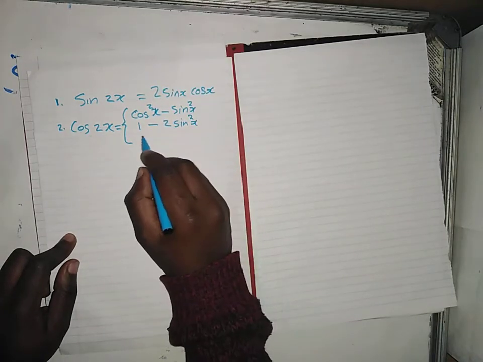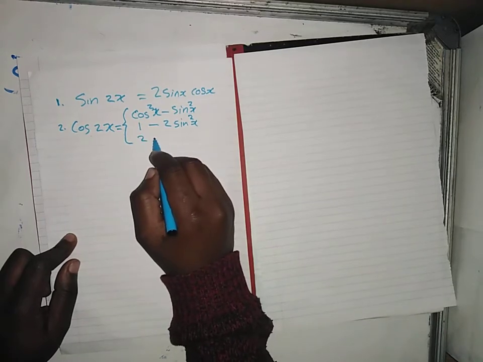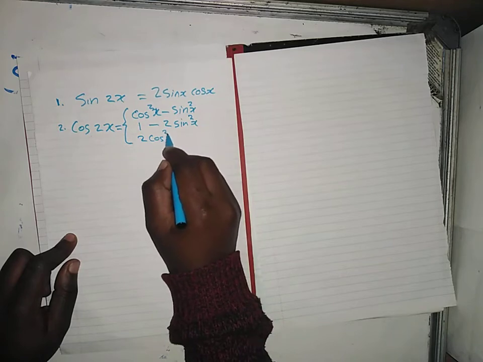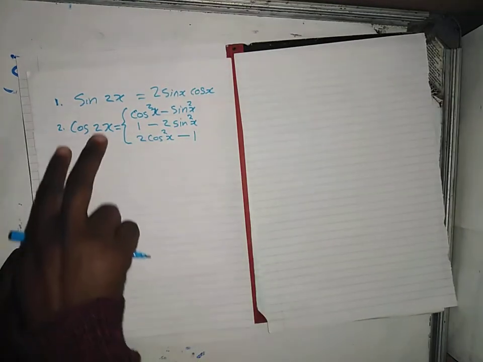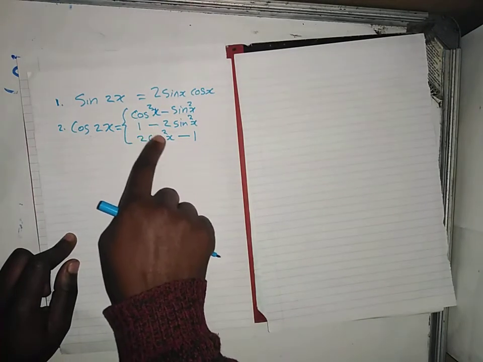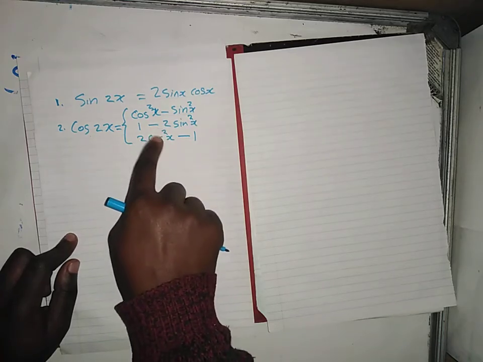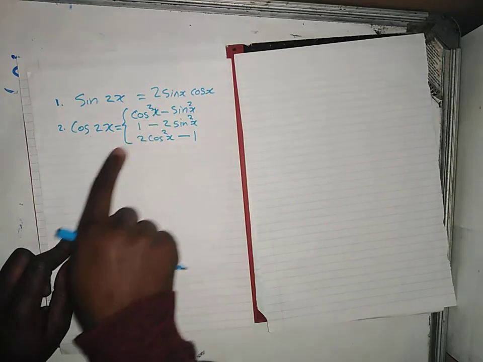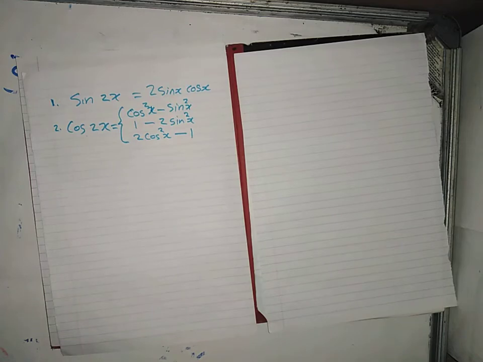And the last one says that cos 2x is equal to 2 cos squared x minus 1. If you see this, you can replace it with either this or this or this, depending on which one will make your life easier. And if you see any one of these, you can replace it with this, if that will also make you sleep at night.